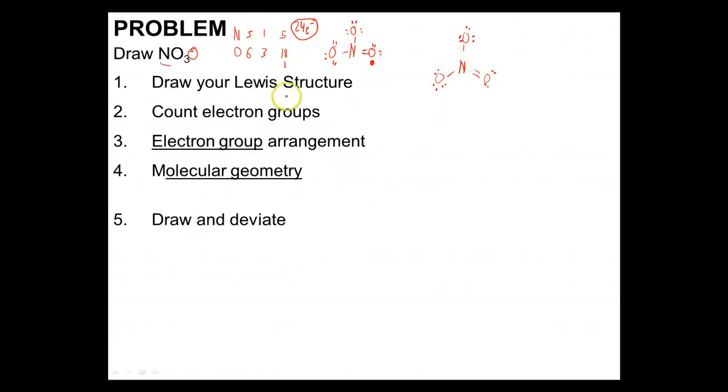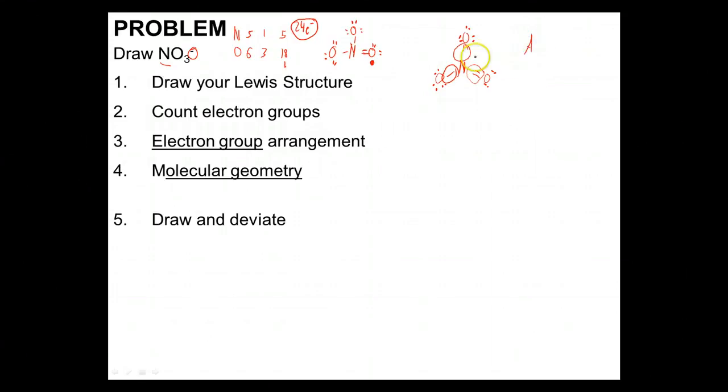Okay, so let's count up those electron groups. I have 1 group here, 1 group there. Remember, the double bond only counts as a single electron group. And I've got 1 more there. I have a total of 3 regions of space that have electrons in them around the nitrogen, which means that it's going to be in the AX3 family of geometries. Let's be more specific and assign those.